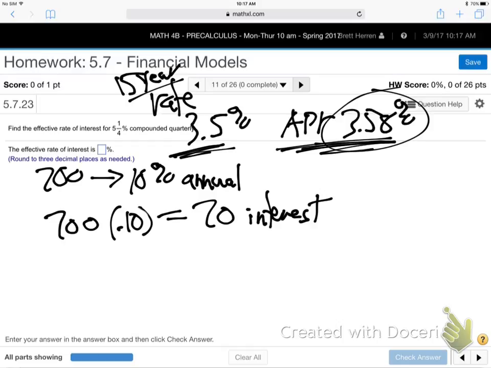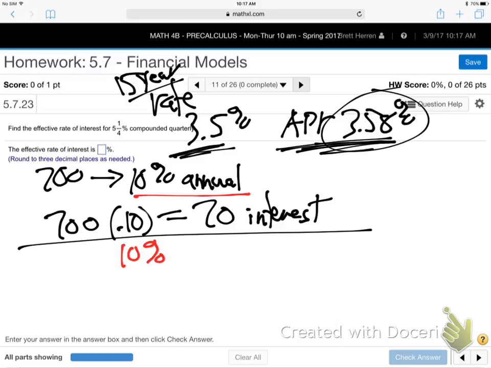Now, what if instead of 10% annual, they said we're going to pay you 10% semi-annual? What does that mean? Two times per year. Semi means half, like a semicircle is half a circle, so we're going to compound your money halfway through and then at the end of the year.